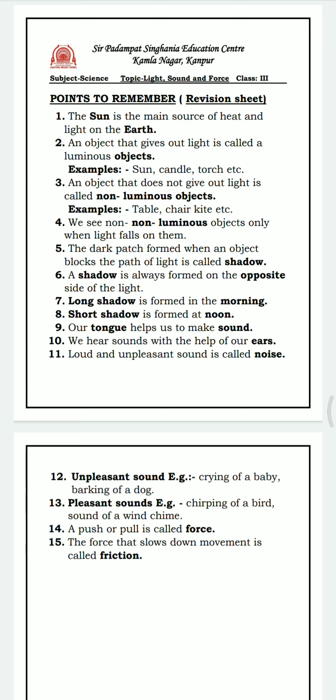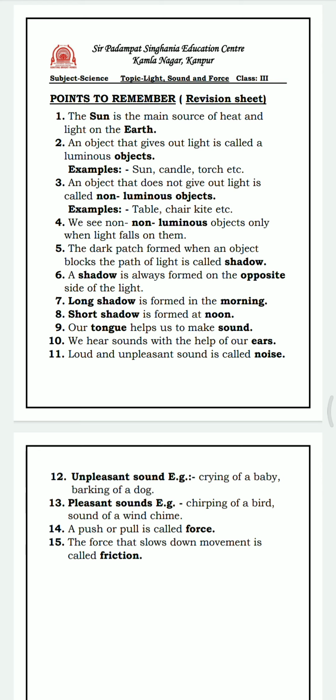Fine. Now moving to the fifth one, what is a shadow? Okay, so children, when we are talking about a shadow, have you ever noticed a dark patch on the ground when you stand outside in the sun or under a street light? What you will see, the dark patch is formed. Okay, that is the shadow.